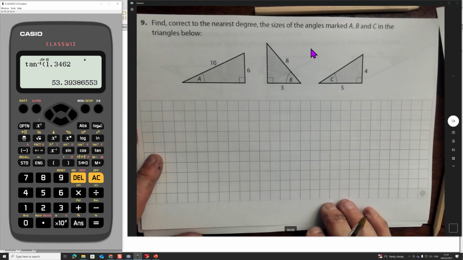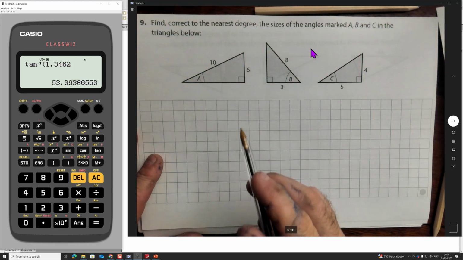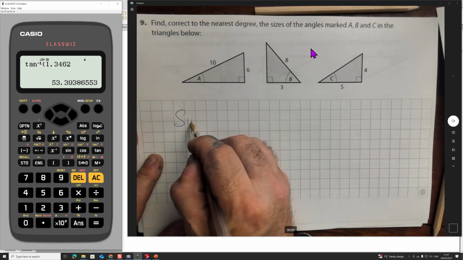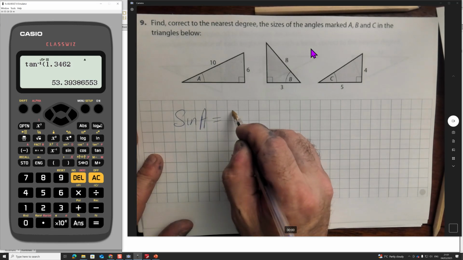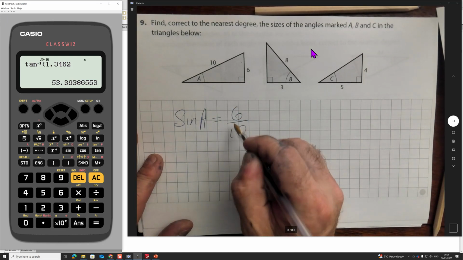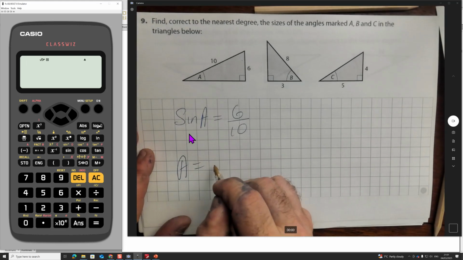Find correct to the nearest degree the sizes of the angles marked A, B, and C. So what we're going to do here is look at where they meet. It's the complementary, so we'll write down the sine of A equals 6/10. It could reduce, but sure, what's the point? You've got a calculator here. So we'll bring the sine across.